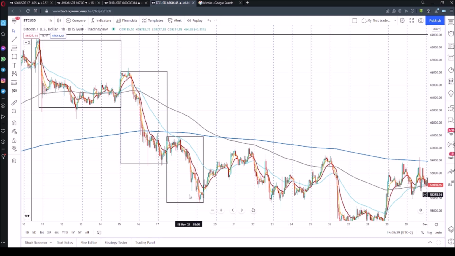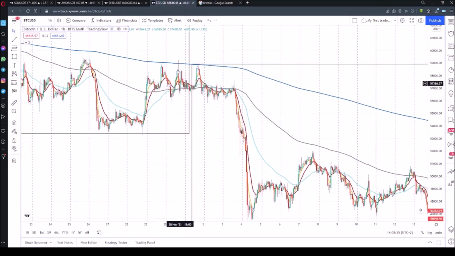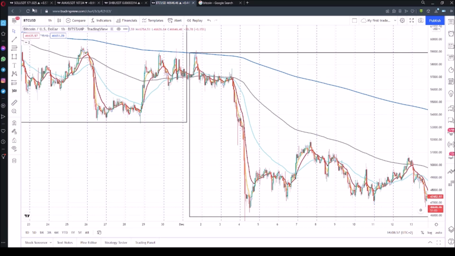So the reversal was just small up to this point, and this was actually a double bottom, which is basically a reversal setup. From there we had a consolidation phase. From that consolidation phase, this becomes the next box or the next drop on the H4 time frame.